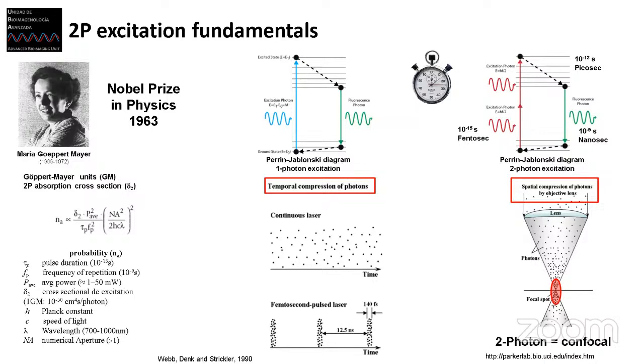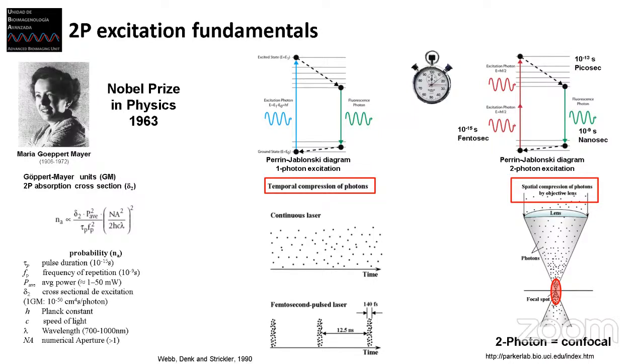So all these lasers have pulses with a width of around 100 femtoseconds. And if we can put all the photons in these little bursts, then we can focus them with optics on a point, and in here the magic happens, and we can have two-photon excitation.